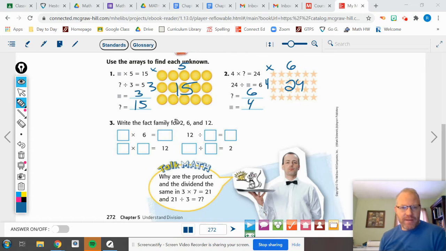Okay, so now we have 2, 6, and 12. 12 being the biggest number, when we're multiplying, we're finding our total, which is 12. 2 times 6, so that means we're going to switch it up. 6 times 2 equals 12. Our total is 12 divided by, here they have 2, so we're just trying to figure out the puzzle here, right?